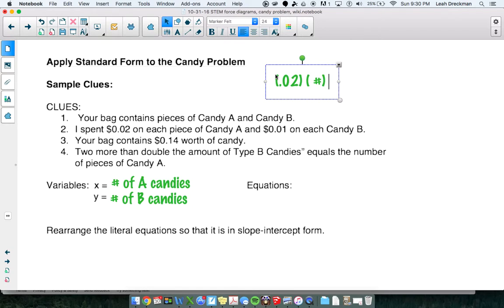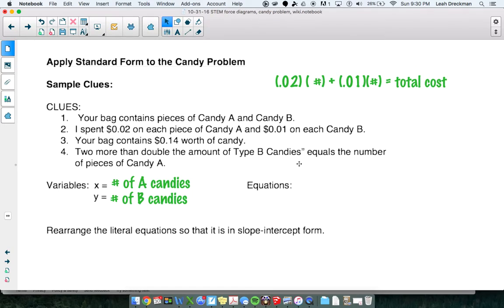We multiplied it by 2 cents, and we knew that the other candy cost 1 cent, so we just picked another number that we could multiply to get our total cost. Okay, well, we're going to use that same format right here. And so for one of our equations, we're just going to use this strategy that was brought up in class Friday.